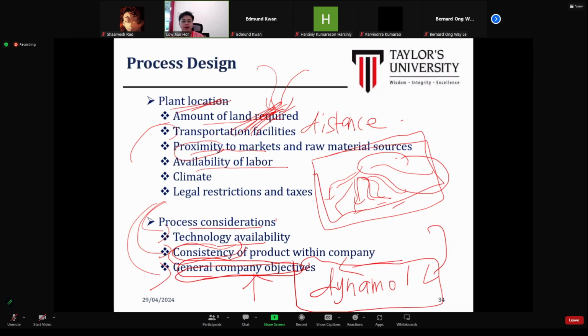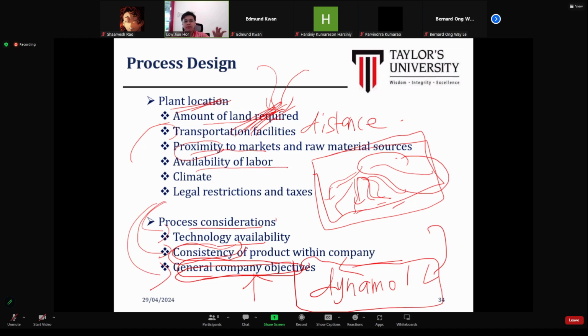If, let's say, you want to supply your product to consumers or users in Petaling Jaya, and your plant is constructed in, let's say, the industrial area in Subang Jaya, then what is the distance between your chemical plant and the targeted or expected market?